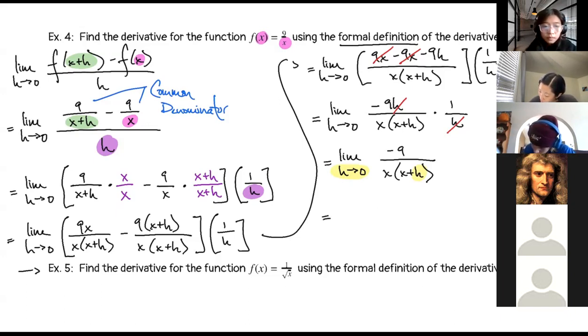Now, when we plug in 0, check out what we get. Negative 9 over x times x plus 0. Correct, Laura. Everywhere we see an h, not an x, because we're saying as h goes to 0, not as x goes to 0. Oh, sorry. I meant to say an h. Okay. Is that 0 in the bottom a problem for us?